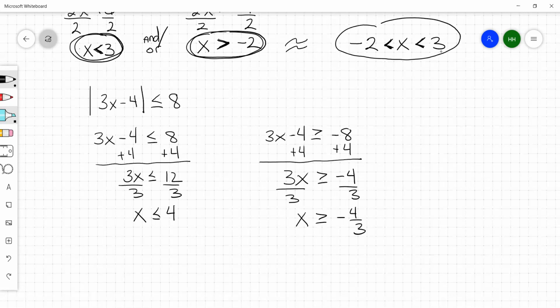And again, you got two solutions with the variable on the left, but your inequality is pointing opposite directions. So now you can put your variable in the middle. All right, the negative 4/3 is less than or equal to the x, and the x is less than or equal to the 4.